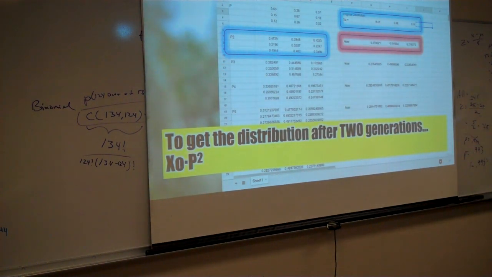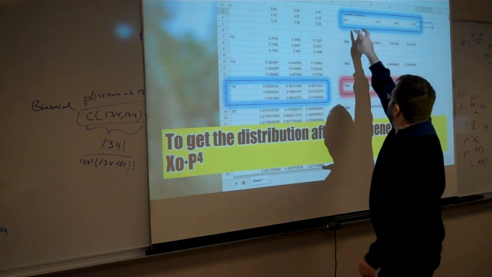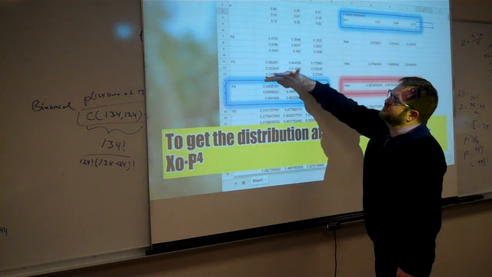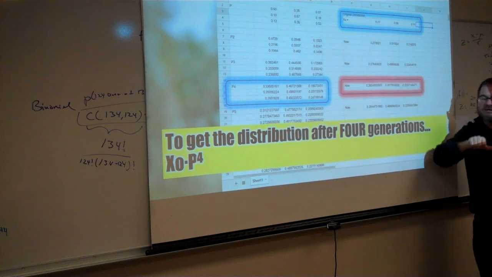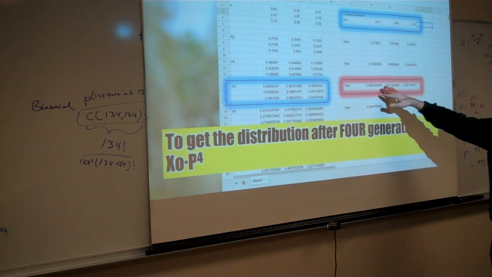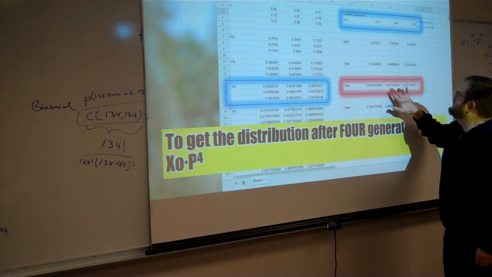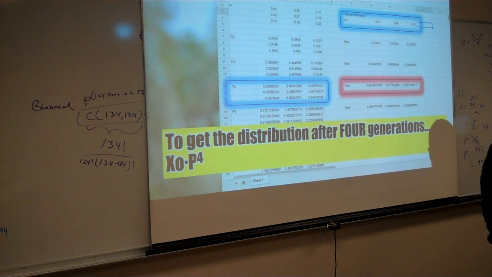Or I could do the same thing and find out in 3 generations, or 4 generations, or whatever. Just for example, after 4 generations, we take the original population, multiply it by the 4th power of the transition matrix, and we get the new distribution. We now know that 4 generations in the future, 26% of the population is going to be in group 1, 49% will be in group 2, and 22% will be in group 3.